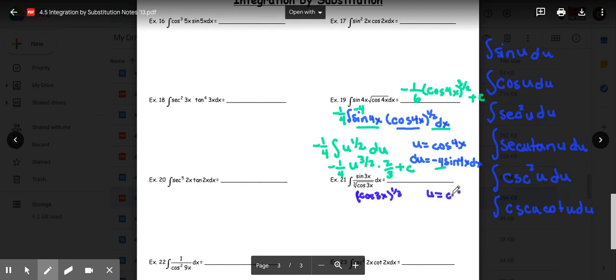My u is going to be the whole inside of that parenthesis, which is cosine 3x. And the derivative of cosine is negative sine 3x times 3 dx. Okay, I'm running out of room there. All right, you have to use chain rule for that. That's why there's that extra times 3.